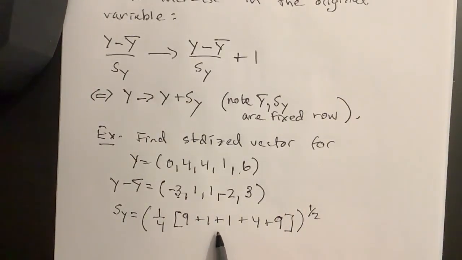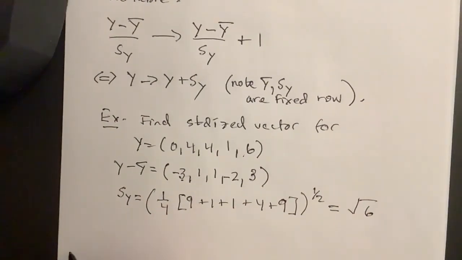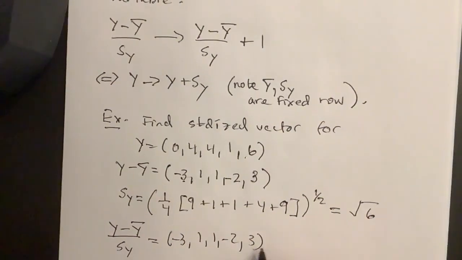This is 24 over 4, so that's 6. So I get the square root of 6. So you get (y minus y bar) over s_y equals minus 3, 1, 1, minus 2, 3 times 1 over square root 6.